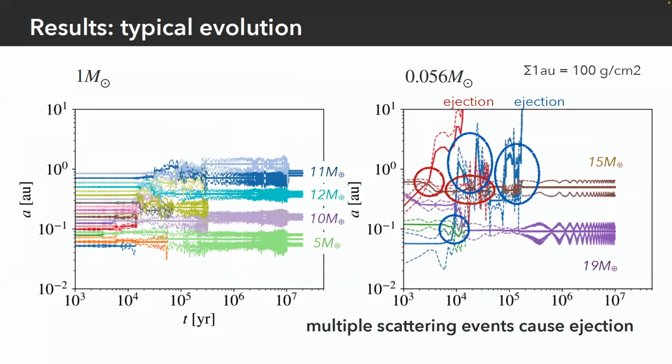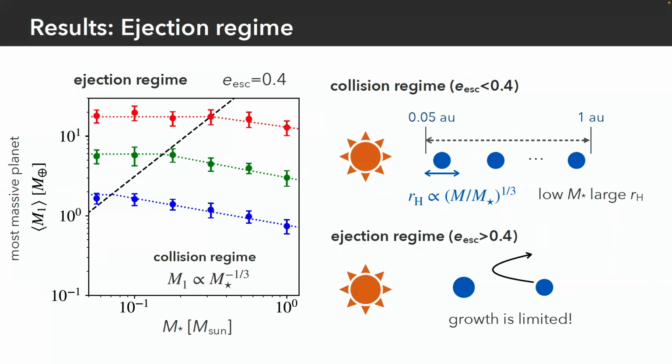This kind of ejection limits the growth. The boundary of the ejection regime and collision regime is where the escape eccentricity is equal to 0.4.